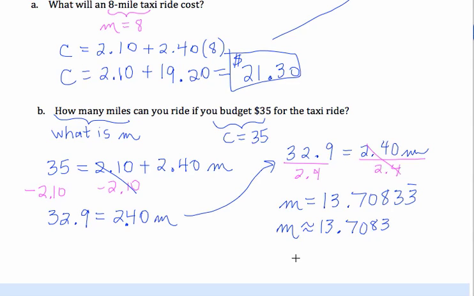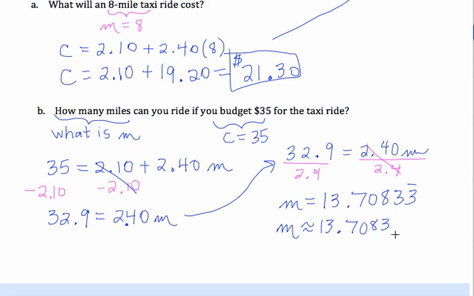All right, so that's the variable, but it's not the answer to the question. The question is, how many miles can you ride if you budget $35 for the taxi ride? Well, it looks like you can go 13.7 miles. You know, it doesn't actually specify how many whole miles.